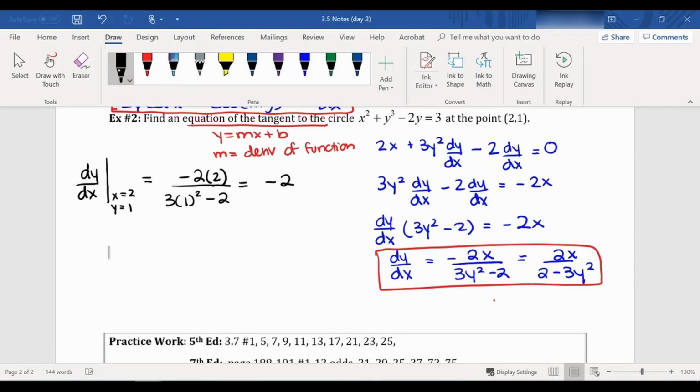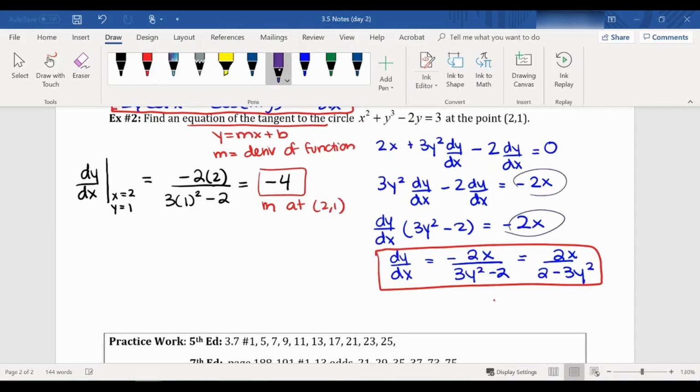If some of you were confused here, this is totally my bad. Which means in the black, my derivative is -2 times 2 on the top, which gives me -4 over 1, or -4. So this is my slope at (2, 1). Go back and correct that if you didn't.